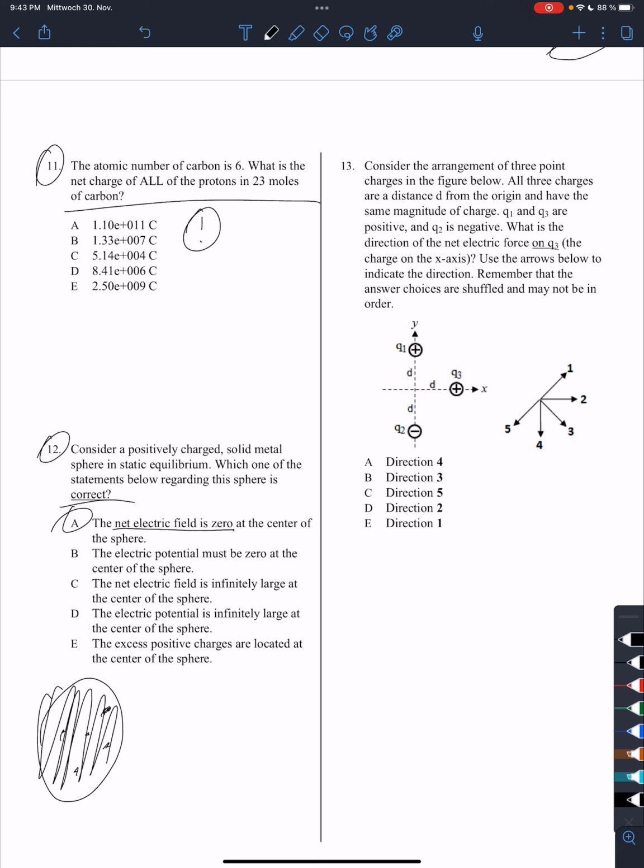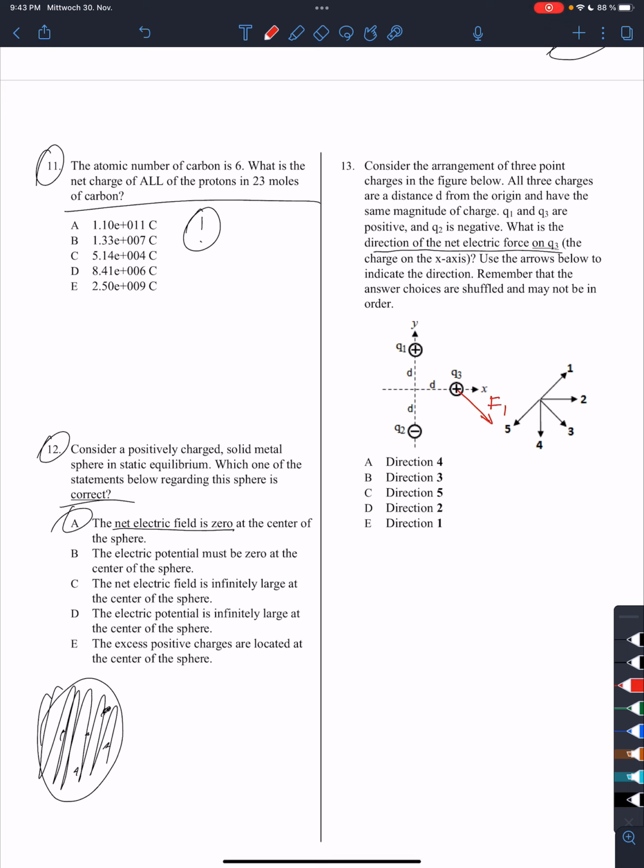In the next one, we have the arrangement shown over here. We need to find the direction of the net electric force on Q3. So we are going to define the direction of the force which is exerted by the charge 1 on the charge 3. Well, they are of the same charge, so they repel each other. This will be F1.